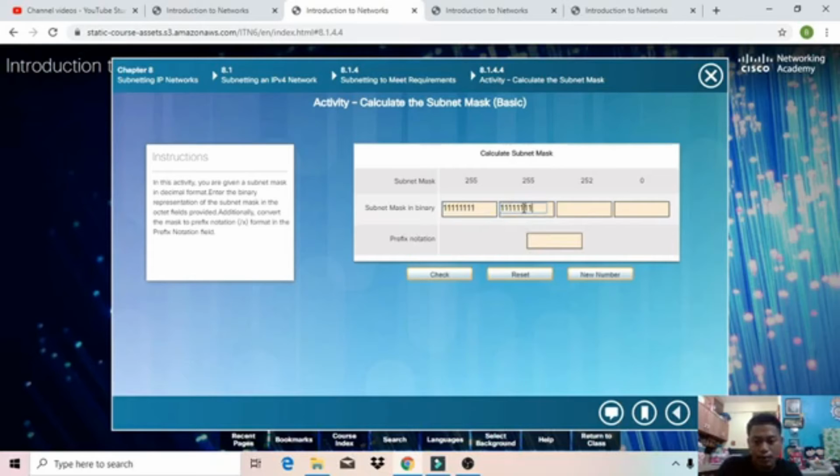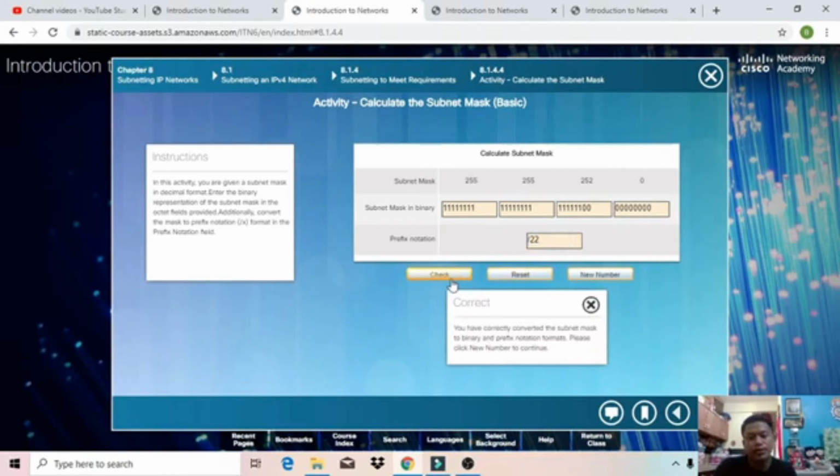Again 1 1 1 1 1 1 1 1, and 252 is 1 1 1 1 1 1 0 0. The last octet is 0 0 0 0 0 0 0 0. So the prefix notation is 22. Let's check. Correct. So let's proceed to the next.